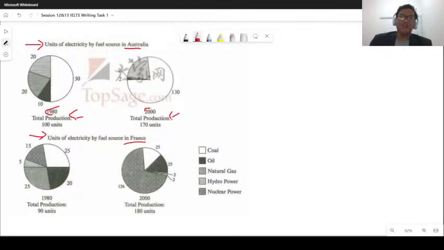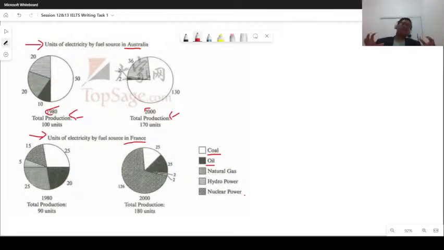If you take a closer look here, the first one is in Australia and the second one is in France, and there are two pie charts for each, one in 1980 and one in 2000, and there are different categories for each pie chart. So basically, the types of fuel: coal, oil, natural gas, hydropower, nuclear power, and so on.